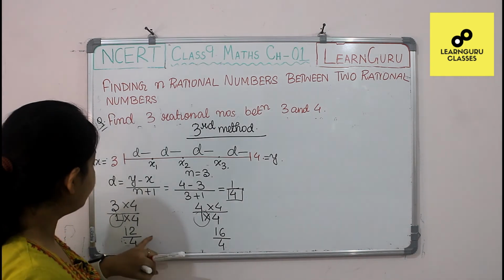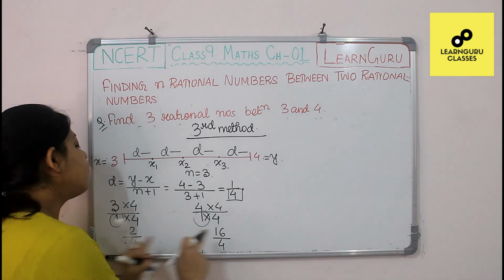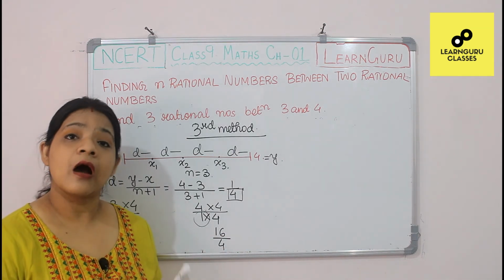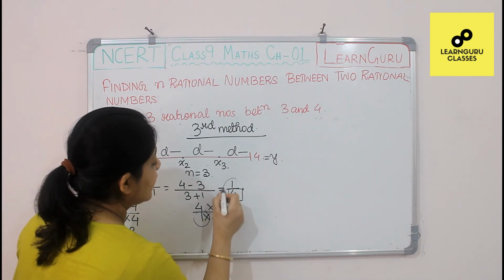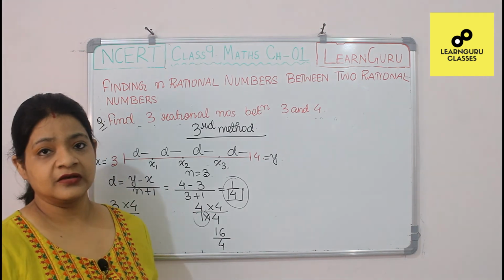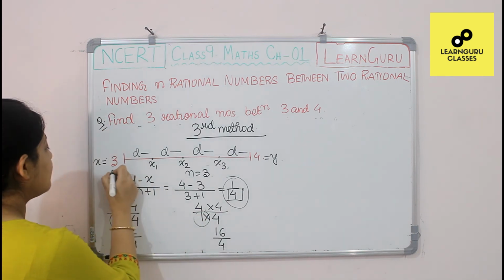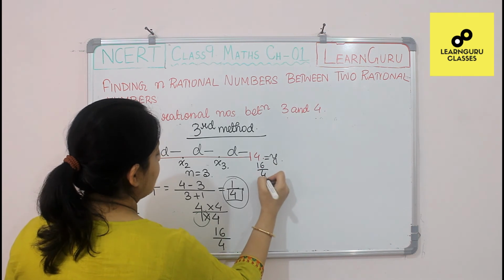So you have to choose rational numbers in between 12 by 4 and 16 by 4. How to proceed? Again you have to take the help of the common difference. Just like in the previous case, 3 can be written as 12 by 4 and 4 can be written as 16 by 4.